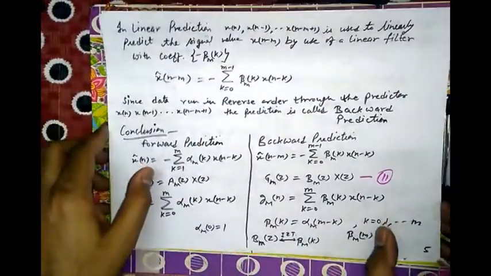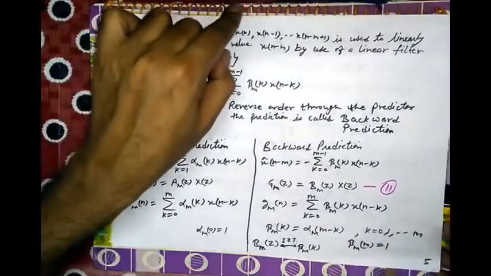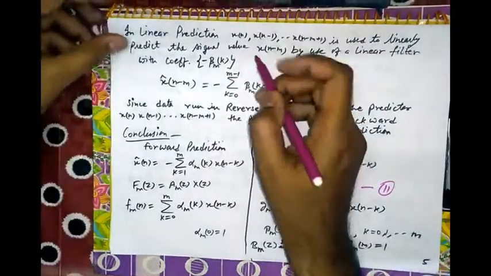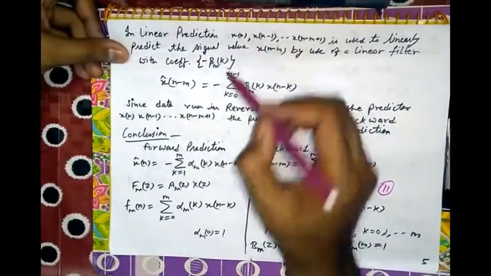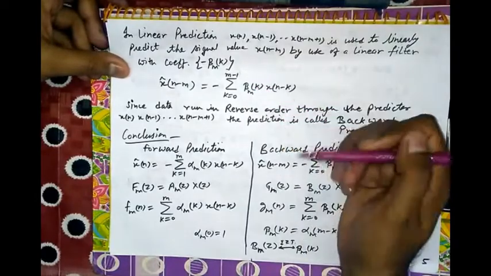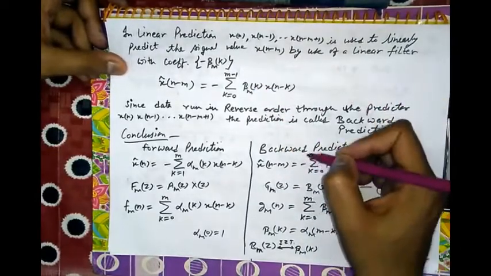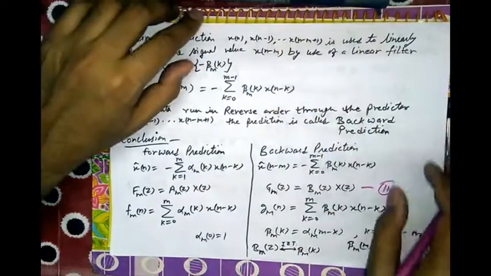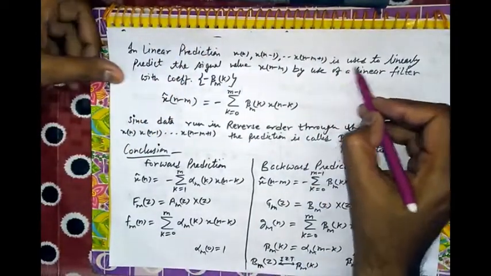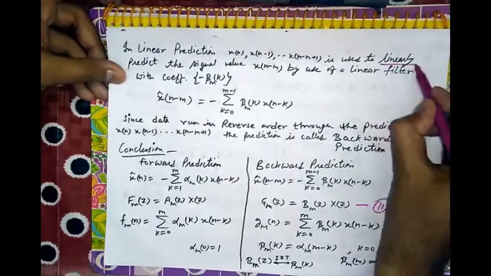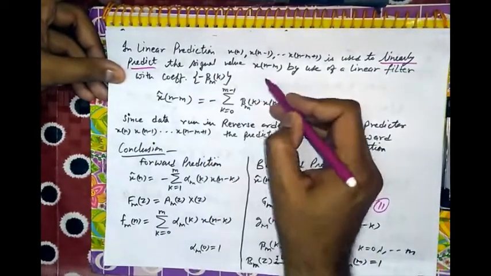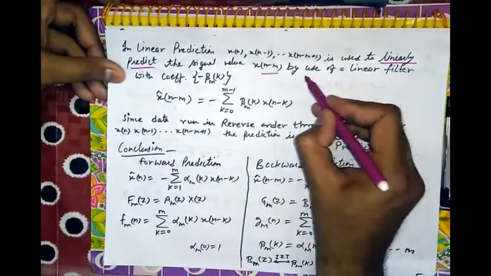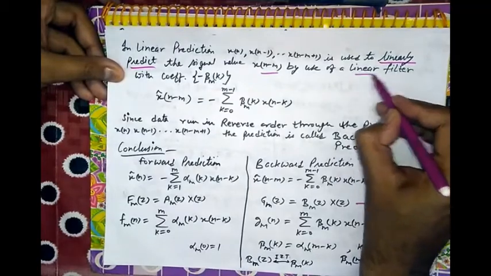Now in linear prediction, these lattice filters are used in prediction filters, in prediction error filters. In linear prediction, xn minus 1 to xn minus m plus 1 is used to linearly predict the signal value xn minus m by use of a linear filter.